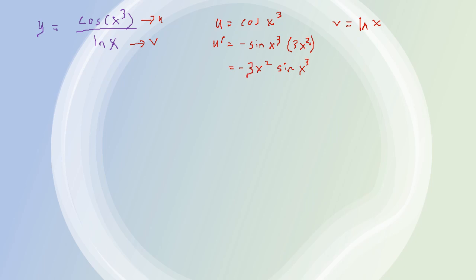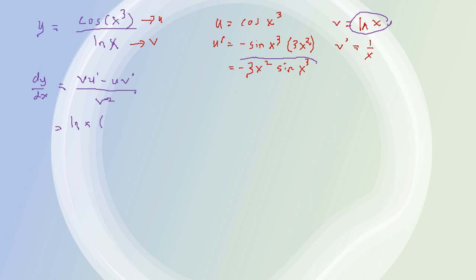Then find v prime. Differentiate ln x is equal to 1 over x. So dy over dx is equal to v u prime minus u v prime over v squared. So we substitute into our formula. First substitute v. V is ln x multiplied by u prime.